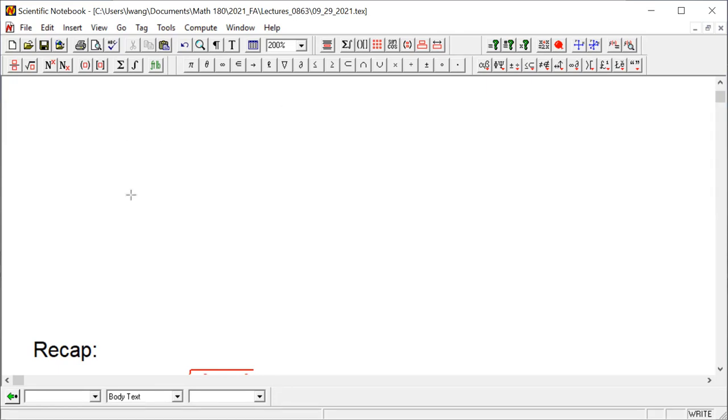So suppose I'm drawing this triangle. Once again, it's a right triangle.